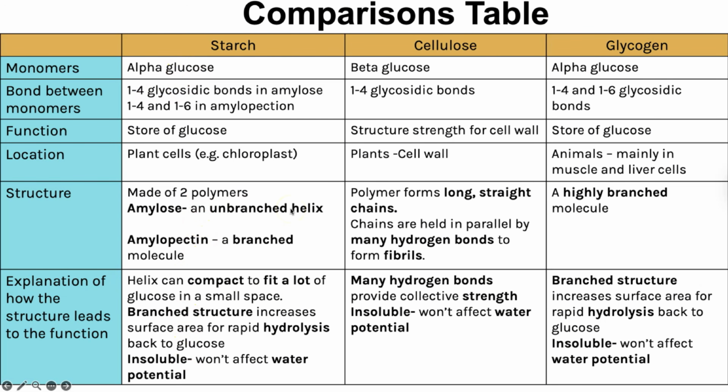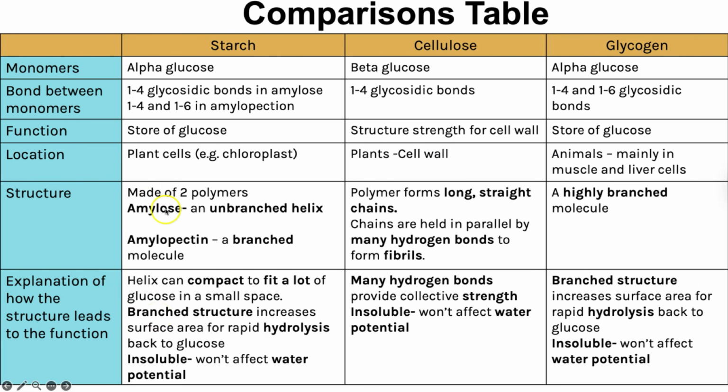And that results in this long unbranched chain, which then coils up to make a helix. Amylopectin is another of the polymers in starch, and this one has got 1-4 and 1-6 glycosidic bonds. So that means you end up with these straight chains with branches coming off them.